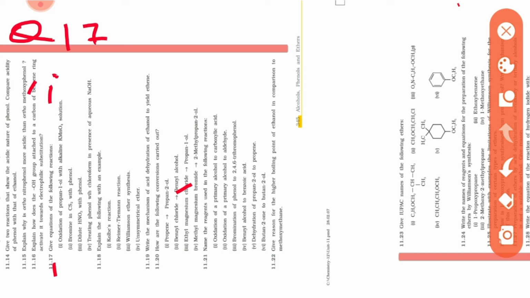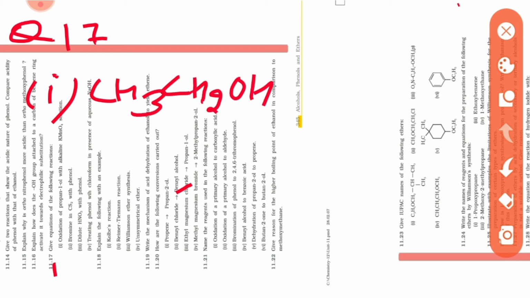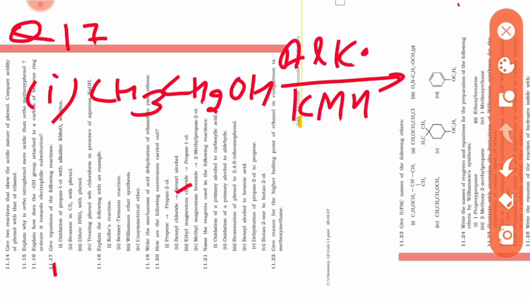In that, number 1 is the oxidation of propan-1-ol. But it's very simple. CH3CH2OH in the presence of alkaline KMnO4.